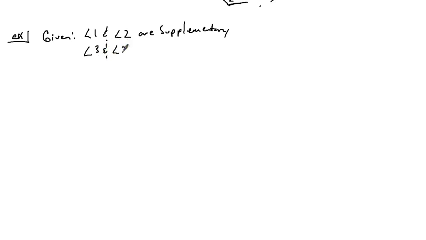So we're going to start out with a given set of information. We're going to be given that angle 1 and angle 2 are supplementary, and angle 3 and angle 2 are supplementary.